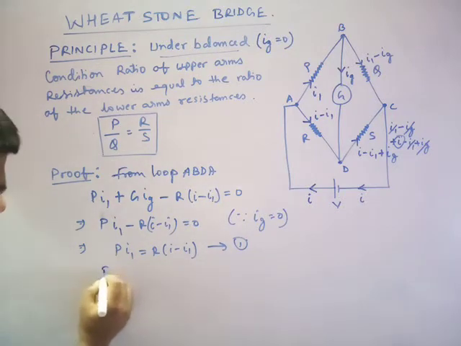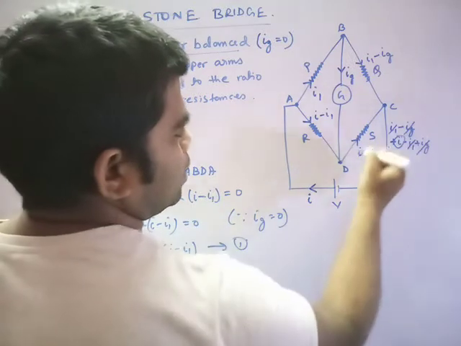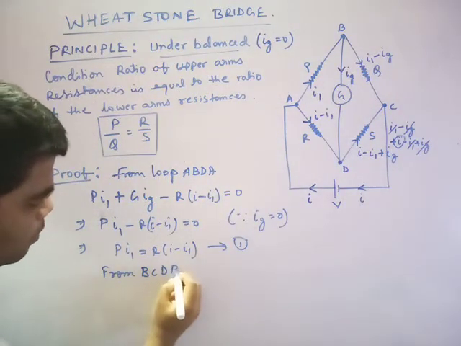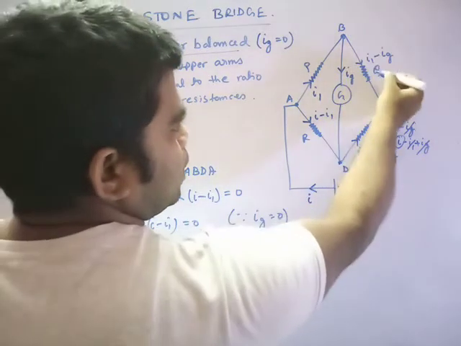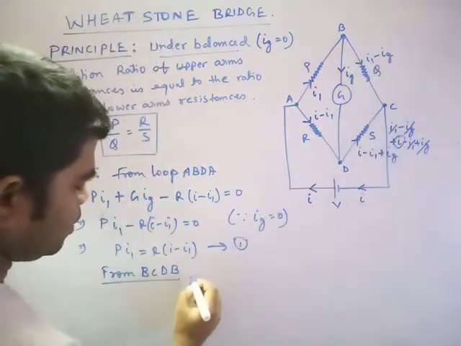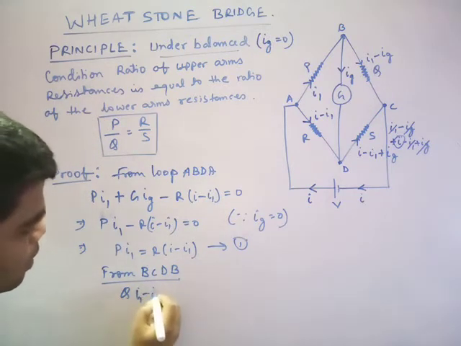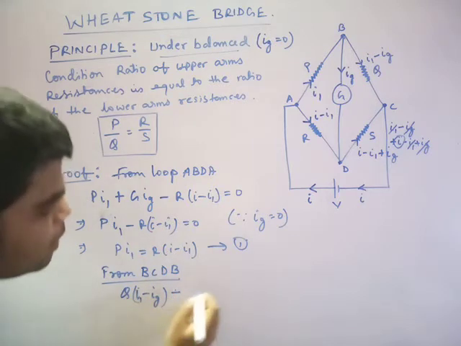From this loop, B, C, D, B. From this loop, here I will write Q into current, so Q into I1 minus Ig, again minus. Why minus?